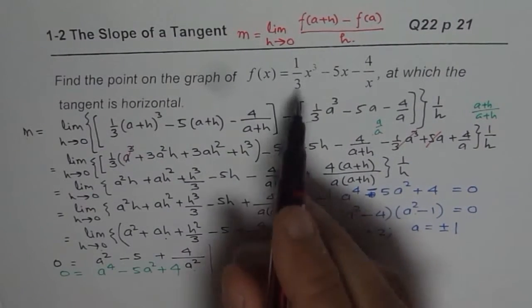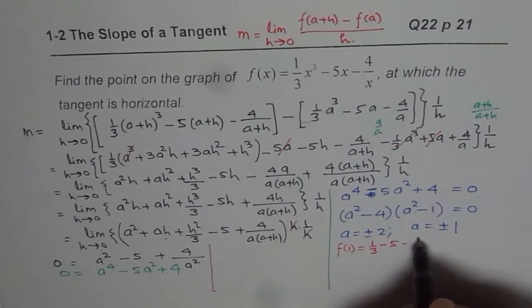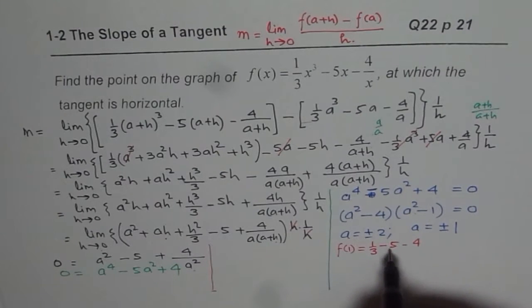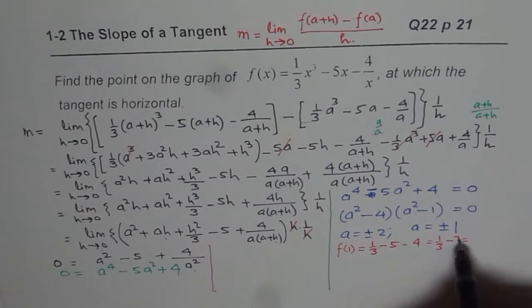If I write 1 here, I get 1 over 3 minus 5 minus 4, correct? So that is minus 7, 1 over 3 minus 7, and that is 21. That means minus 20 over 3, right? So that is the first point, f of 1.